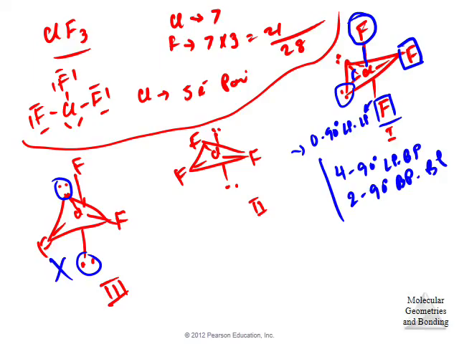Now let's look at structure number 2. In structure number 2, just like structure 1, there's no 90-degree lone pair interaction, but there are 6 90-degree lone pair bond pair interactions, and there is no 90-degree bond pair interaction.